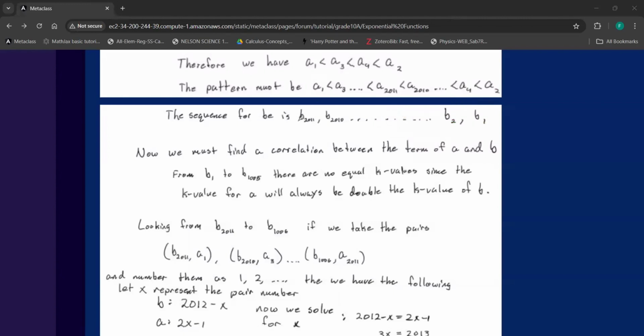So that means that the term number must be somewhere here, from A1 to A2011 and B2011 to B1006.